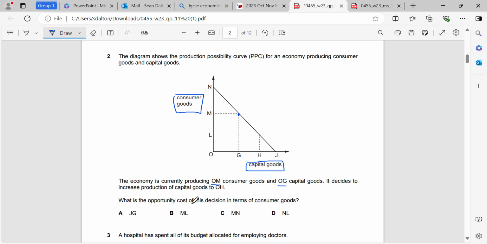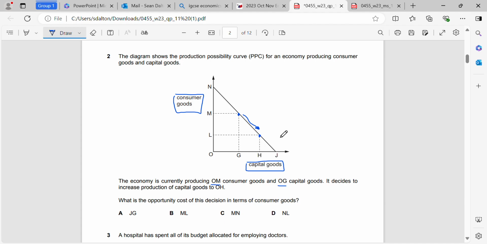What is the opportunity cost of this decision in terms of consumer goods for moving to OH? So we go to OH here again. And we can see that we've moved from M to H. The opportunity cost is the next best alternative that is given up when a decision is made.